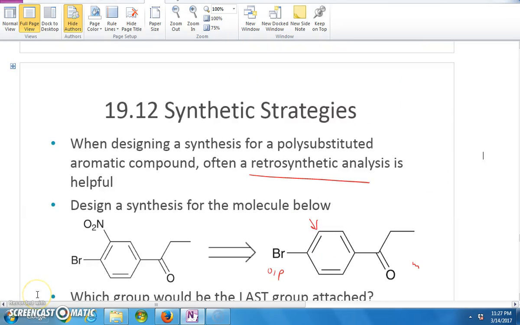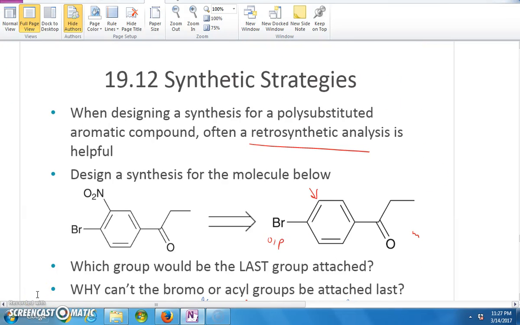So you can see how this was made. Now, when designing a synthesis for a polysubstituted aromatic, often a retrosynthesis analysis is helpful. For instance, we know that we can make this from this by simply putting the bromine here.